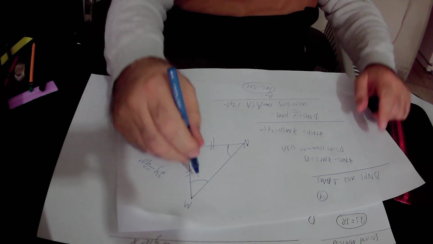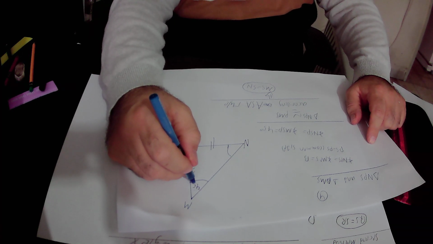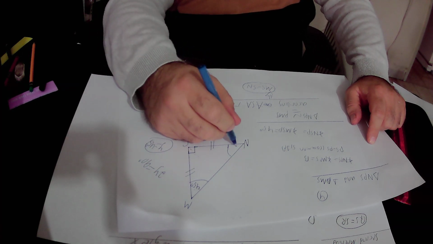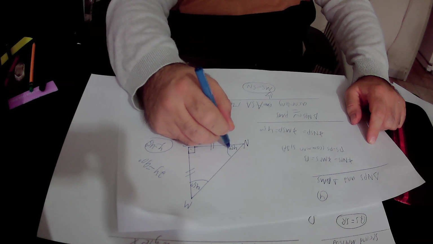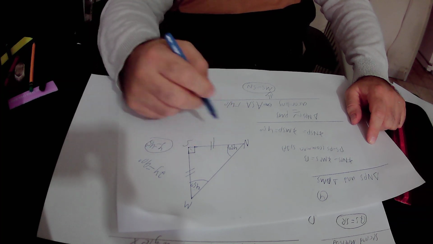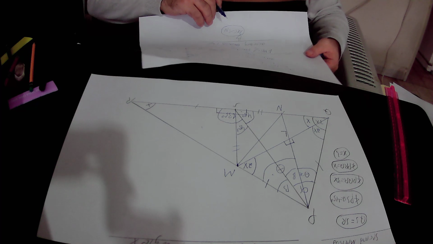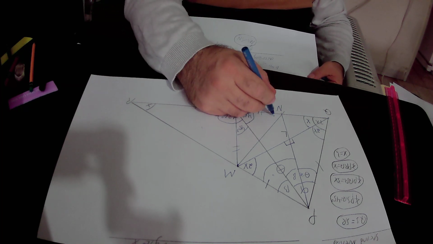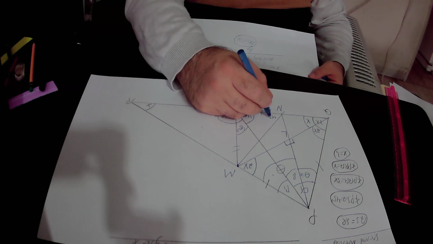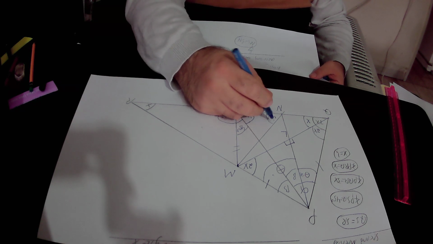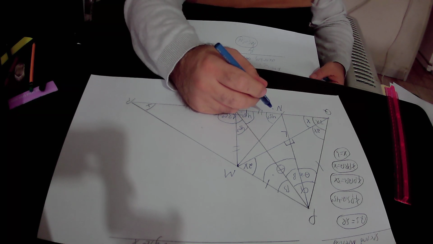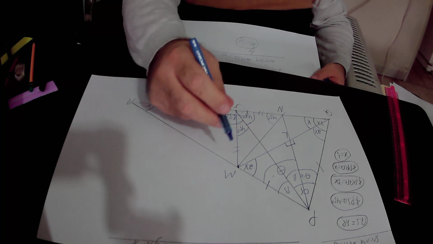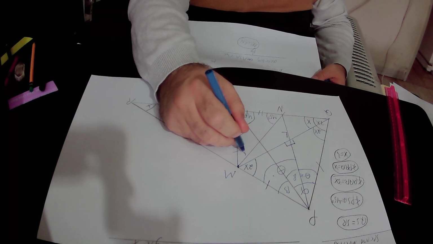So this angle equals 45 degrees, and this angle also equals 45 degrees. Angle MNS equals 45 degrees, and also angle NMS equals 45 degrees.